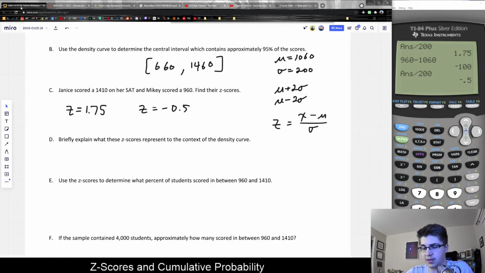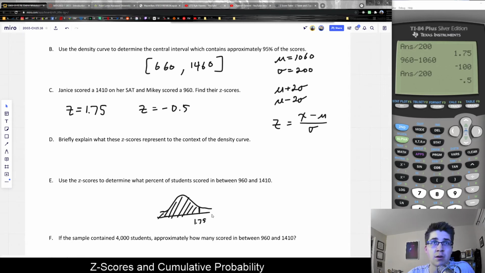So let me just go ahead and write that down. And what I recommend, as I was saying in class, is that it helps to draw a graph representative of that z-score, because 1.75 is going to be much past the first standard deviation of the mean, and we'd expect the cumulative probability to be a lot, because cumulative probabilities are always the left-hand area of these graphs, representing a percentage of the population.